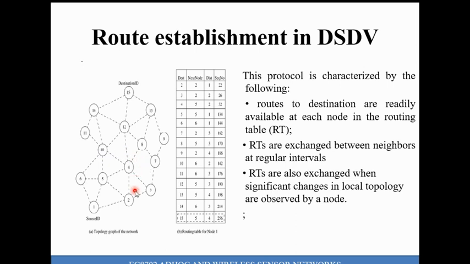For this image, my ultimate destination is 15. In order to reach 15, I can choose this path, or this path, or this path. So many different paths are there. Among these, I have chosen the best path. In order to reach 15, I have three possibilities: 1, 6, 5, 2, because these three nodes are the neighboring nodes of this source node.